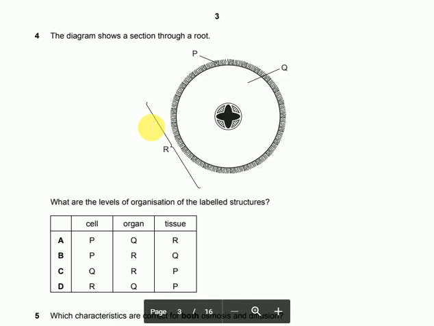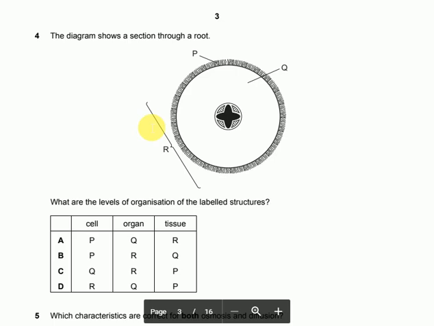Question number 4. The diagram shows a cross section through a root. Which are the levels of organization of living structures? So you understand what's a cell, an organ, or a tissue.